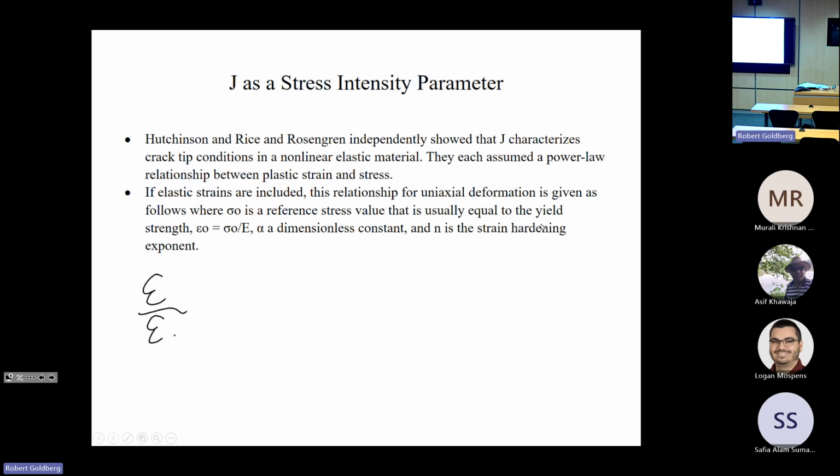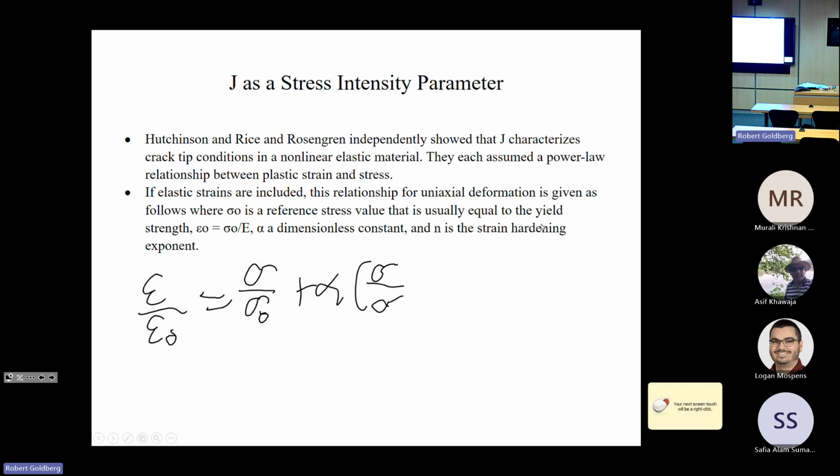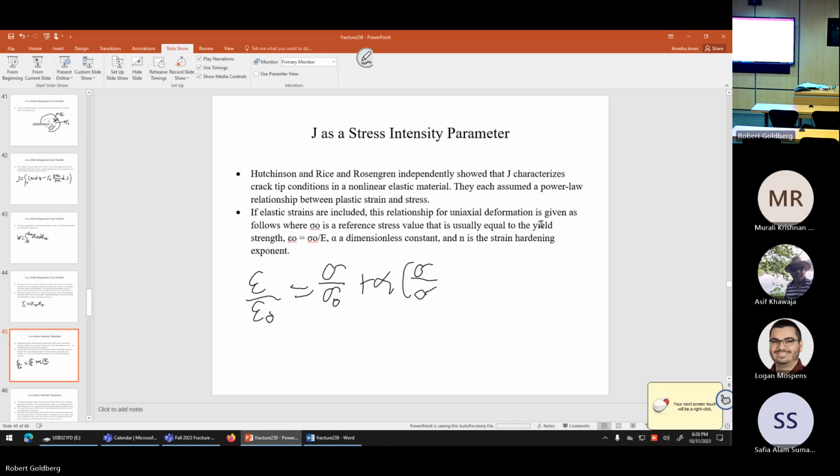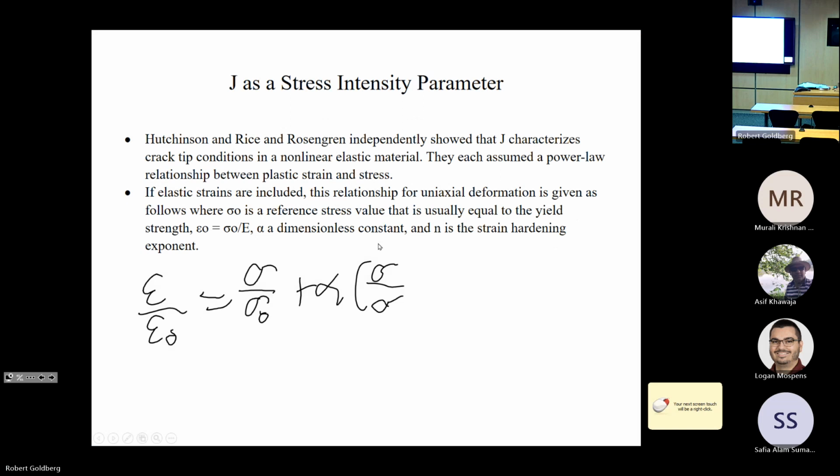It's that the strain, and this is the unidirectional version of it, the strain divided by some reference strain is equal to your stress divided by a reference stress plus a material parameter alpha times sigma over sigma 0 to the n.